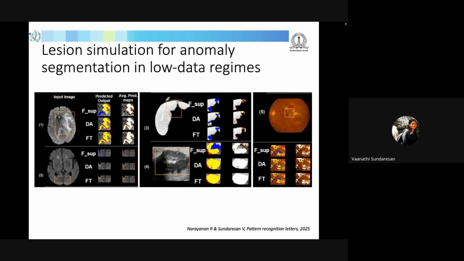For instance, in our case we wanted to get the segmentation, so we did something very fine-tuned and specific to that particular task. If you are going for quality assessment, the lesions you generate might be slightly different. That's why we wanted two things. One is we evaluated using a downstream task, which is segmentation here. Another way of evaluating is the quantitative FID distance score I was talking about.